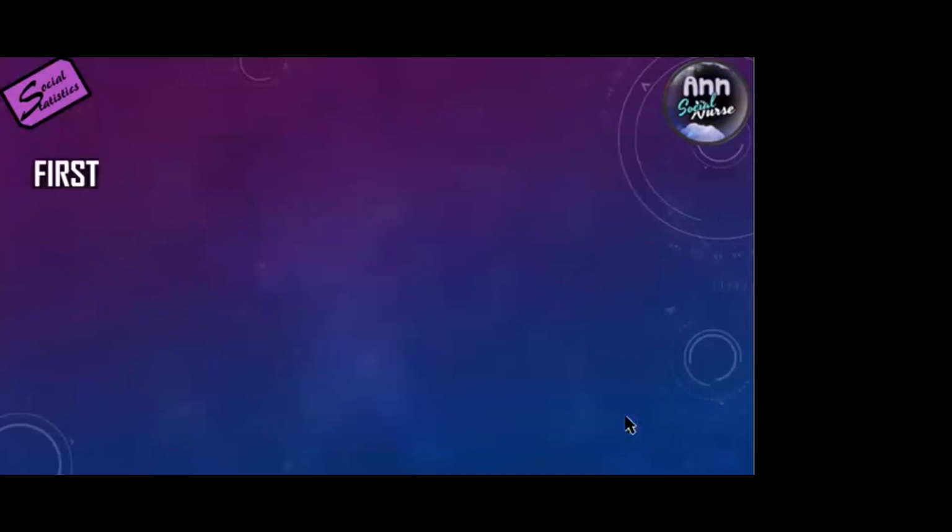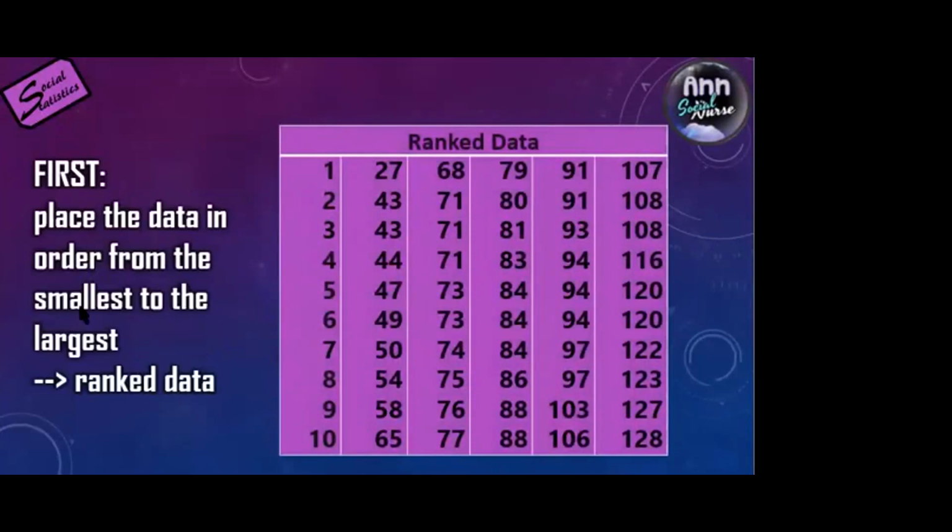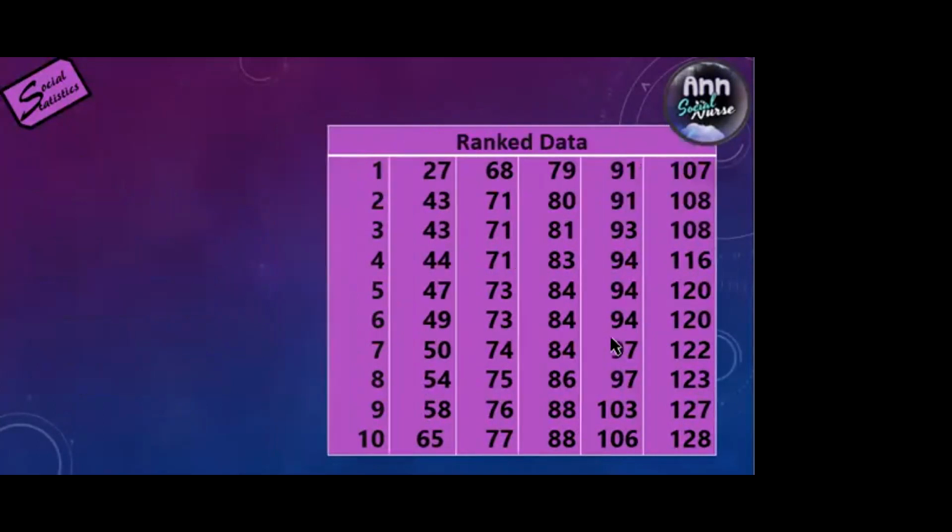The first thing you're going to do is place the data in order from the smallest to the largest, hence giving you this rank data from 27 to 128. So just arrange it from lowest to highest.